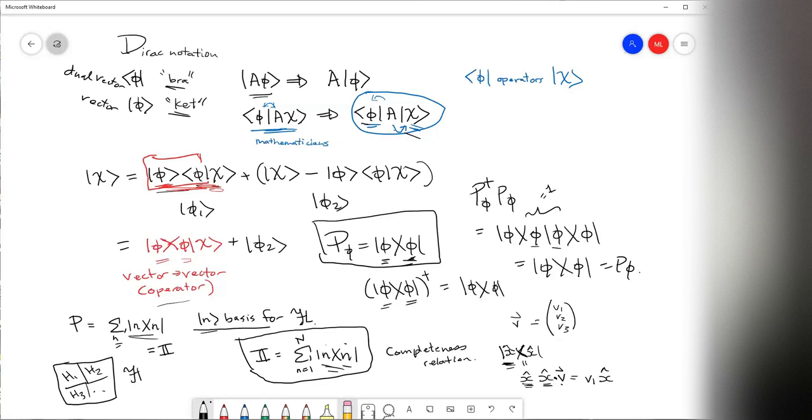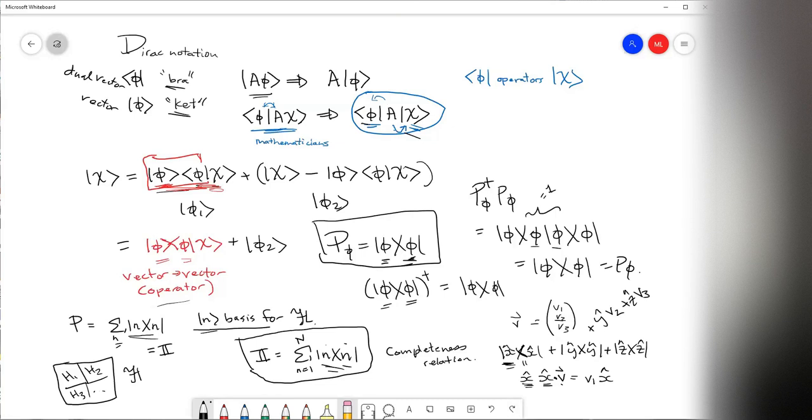And now suppose we did it for all of the other basis vectors too, y hat and z hat. What would these guys do? Well, this would give us something along the y hat direction, v2, because that would be the y component of v, plus z hat v3.